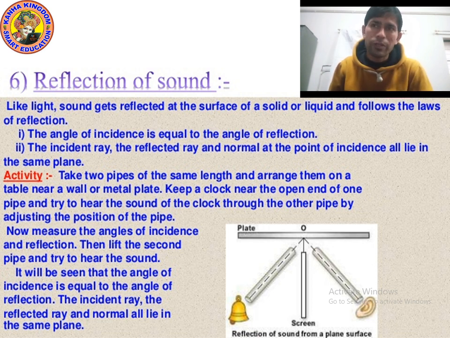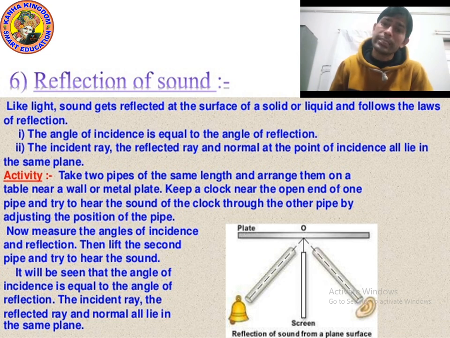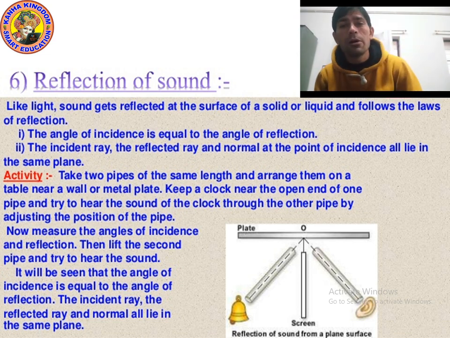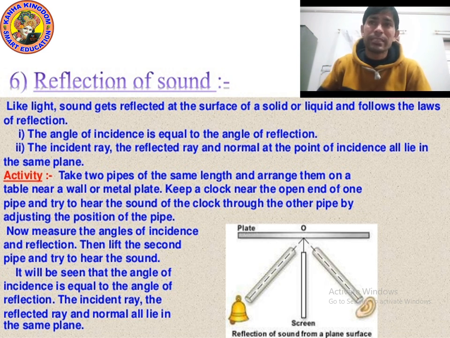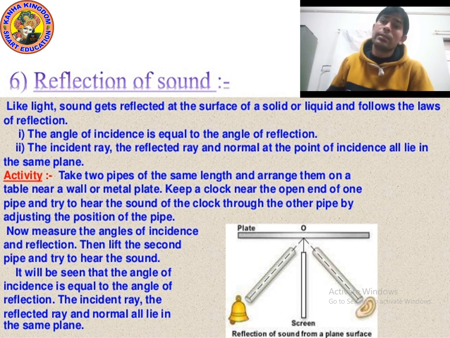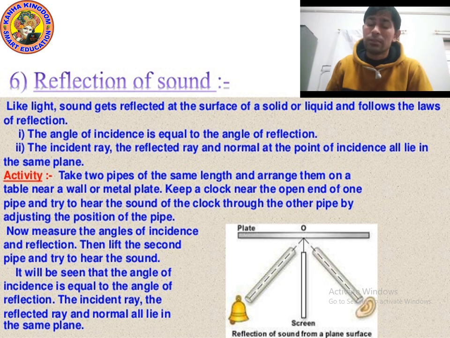Suppose the sound waves are falling on the surface at 60 degrees. As the sound waves are incident, they will reflect at the same angle, that is, at 60 degrees.